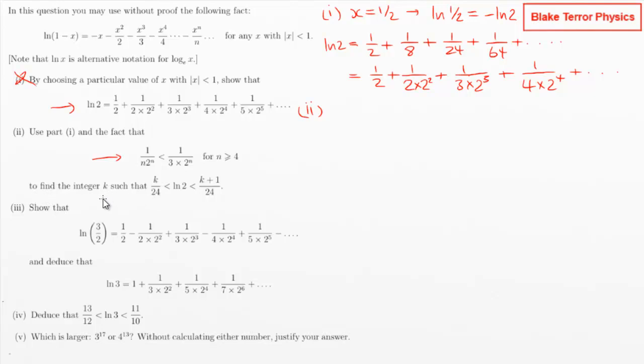Find the integer k such that log 2 lies between k over 24 and k plus 1 over 24. Right, and we've got this change here for n equals 4. This seems to be the dividing line here. So what's going on before that then? We've got a half plus an eighth plus a 24th.